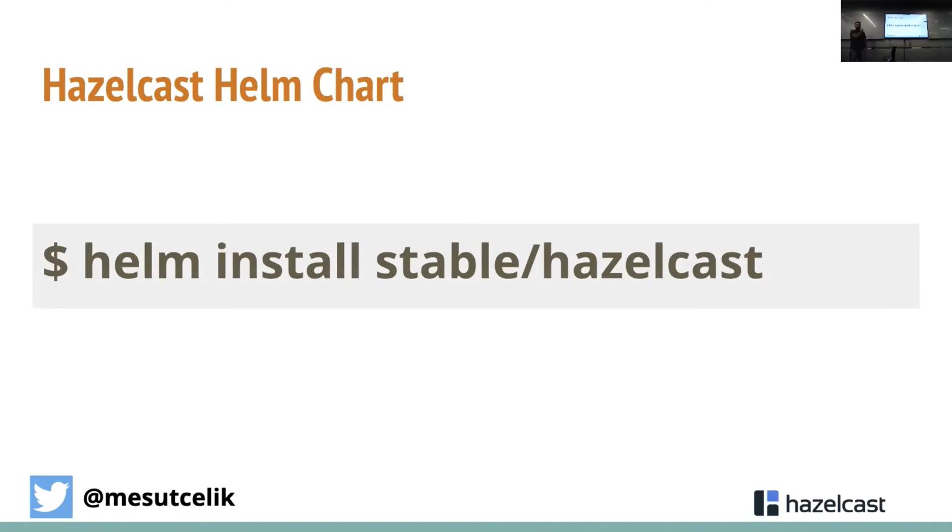This command is simply going to install a 3-member cluster plus Management Center into your Kubernetes cluster. We have a Helm chart repository too, but this is also available in the official Helm chart repository. So if you do helm install stable/hazelcast, then you are good to go.